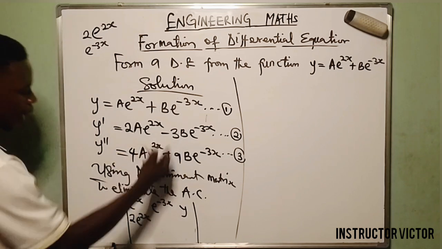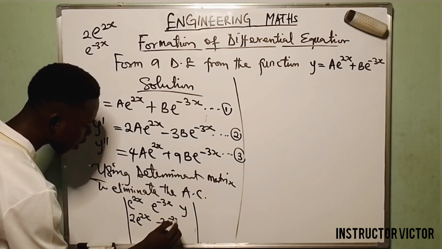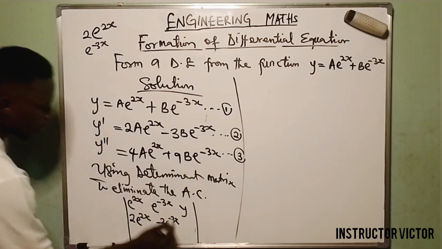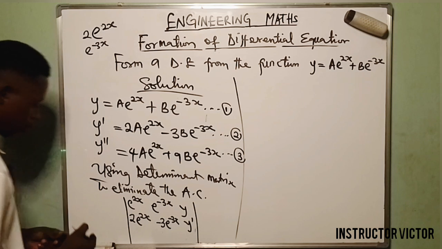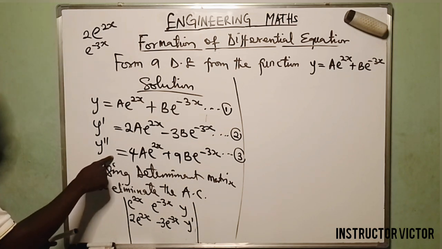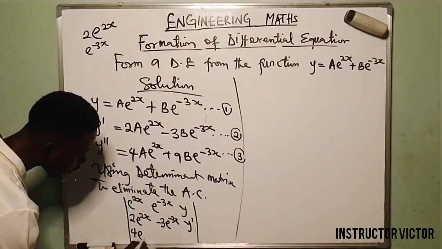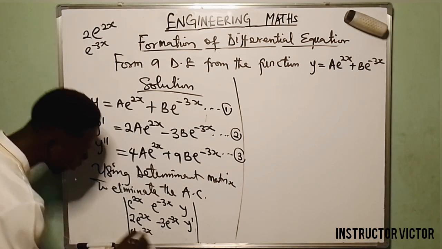The coefficient of B that we have here is minus 3 exponential minus 3x, and that function is y prime. Now we go again for the last one. The coefficient of A that we have here is 4 exponential 2x.